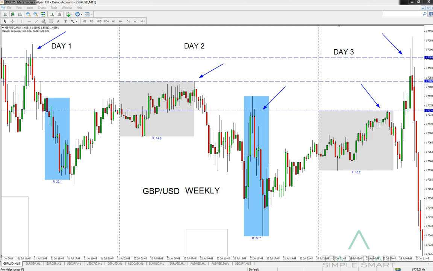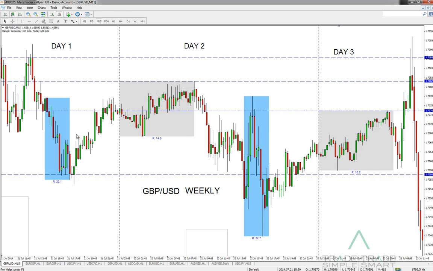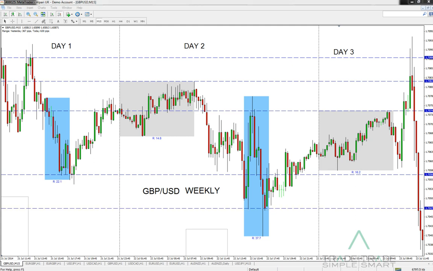Okay, so because the identification and also the plotting of horizontal trend lines is very simple and very obvious, it simply means that a vast majority of retail traders will be looking at the same price points. Okay, and smart money are aware of this. So deep pools of liquidity that smart money require to execute their orders will develop.